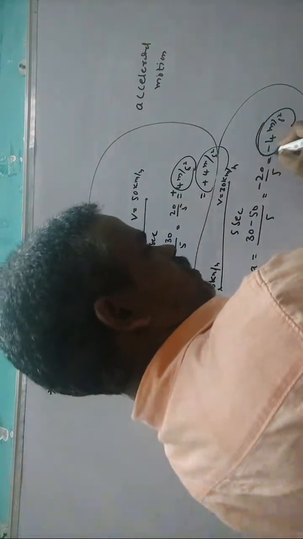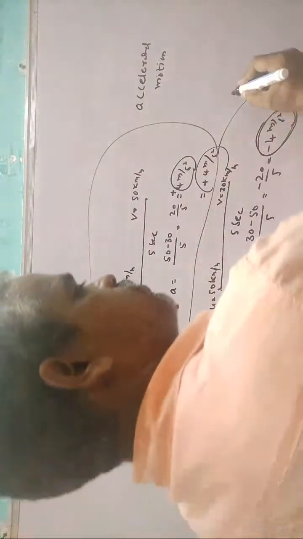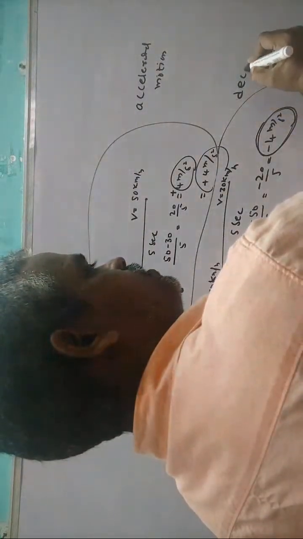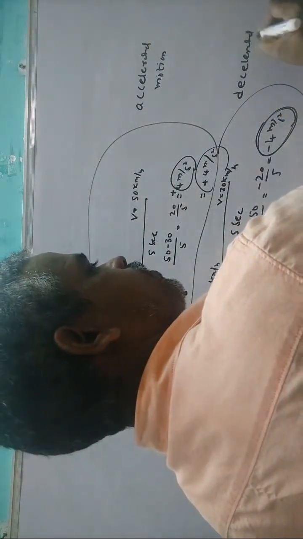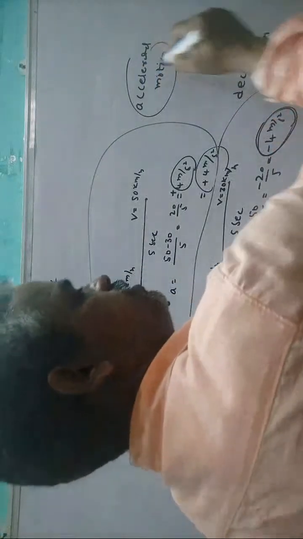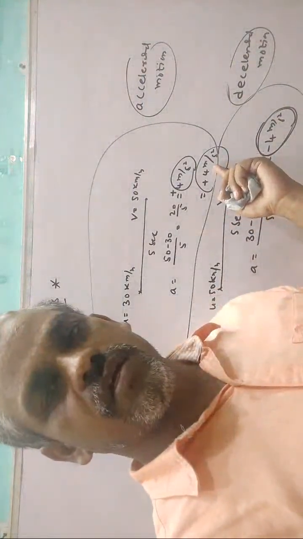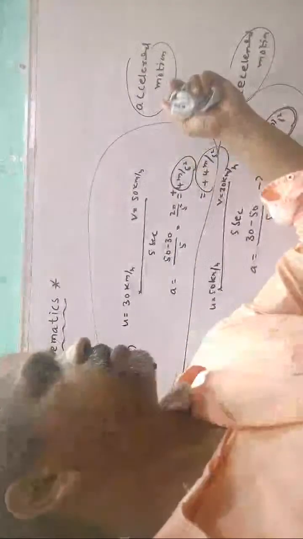Otherwise, if any body has negative acceleration, we can say the body is in decelerated motion. Accelerated motion, decelerated motion. If the body has positive acceleration, then we can say it is an accelerated body.